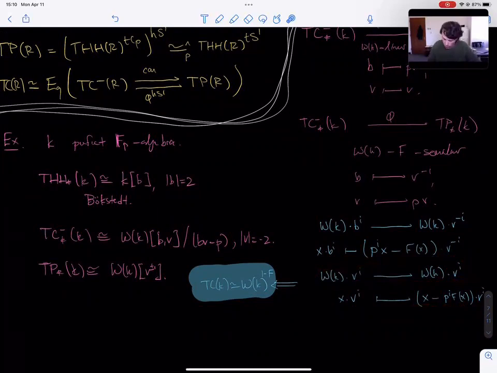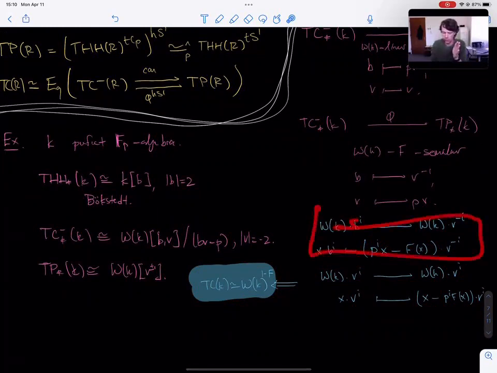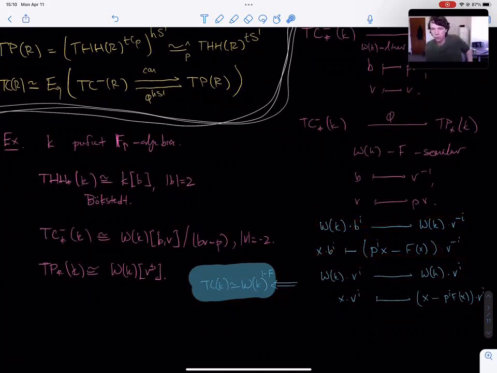But note that in either case, if I is at least 1, then you have something that's topologically nilpotent, namely it's P times something minus an isomorphism. Okay, and that means that everything away from when I is 0 vanishes, and you recover this exact thing that we saw from the TR perspective, namely that all that matters is the I equals 0 case, and you're exactly doing 1 minus F on the Witt vectors.